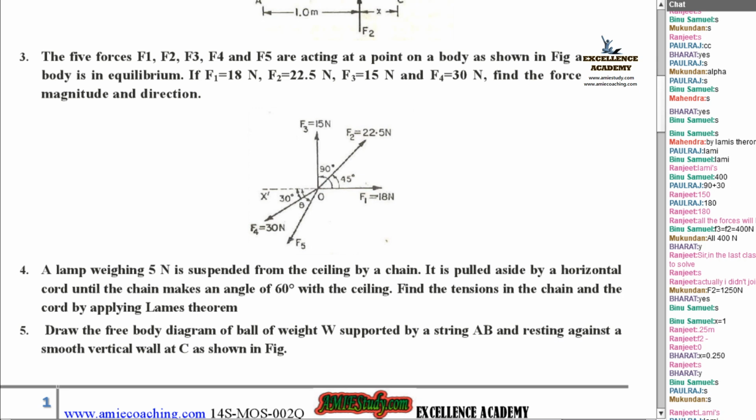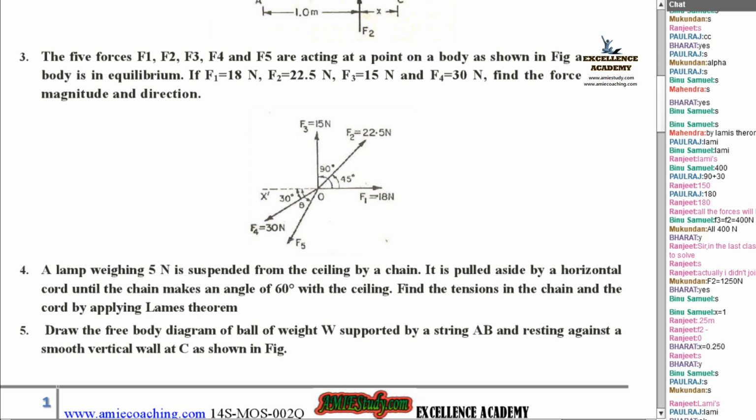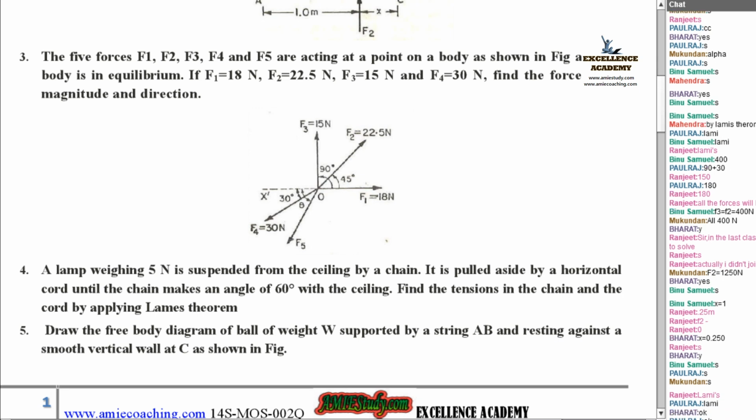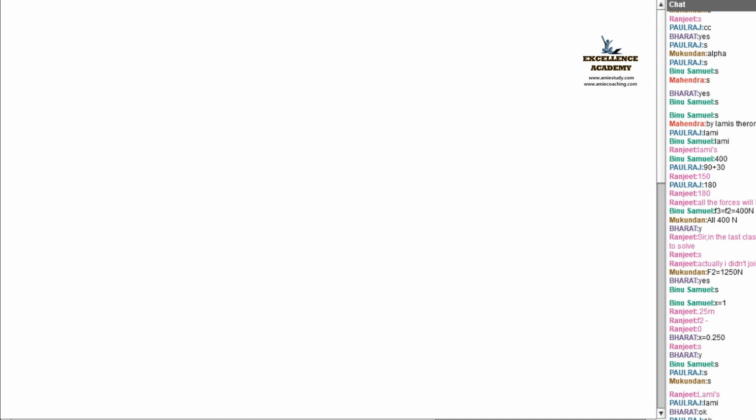Got it? You have to find out Fx, Fy: sigma Fx is equal to 0, sigma Fy is equal to 0. That way you can find it out. Okay, I shall explain to you. Listen carefully.